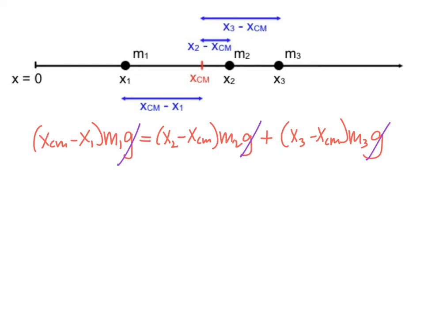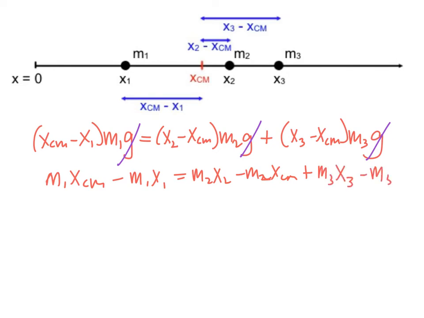Let me do a little bit of algebra here. m1 xcm minus m1 x1 is equal to m2 x2 minus m2 xcm. Again, we're just deriving. You're not going to have to do this on your own. Plus M3 x3 minus M3 xcm. Okay, so I want to notice here that I have a number of terms that have xcm in them.